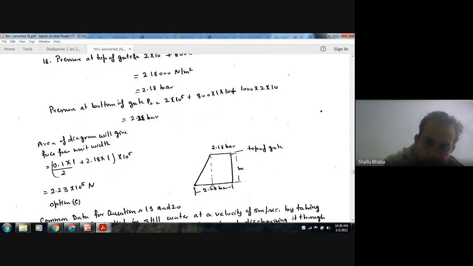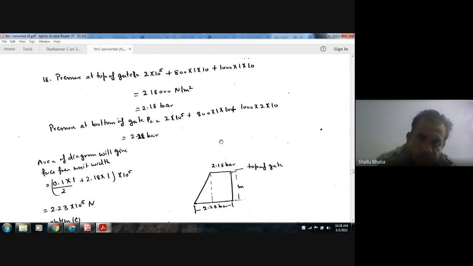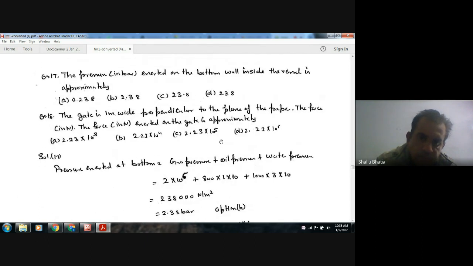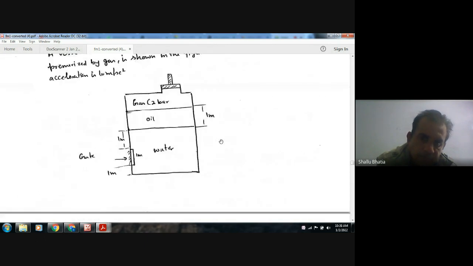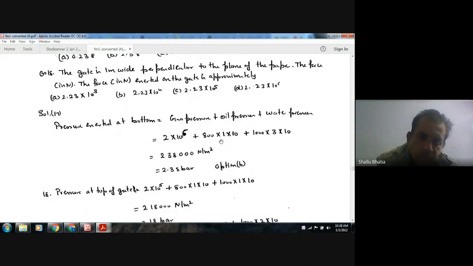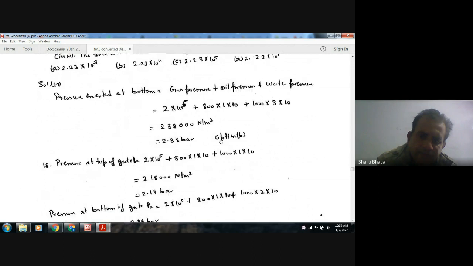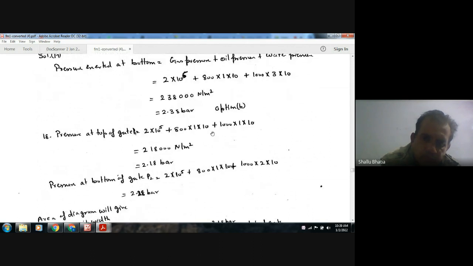That will be rho g h, 1000 into 10 into 2. So we can say it is 2. Just replace 1 by 2, because water is at the bottom.